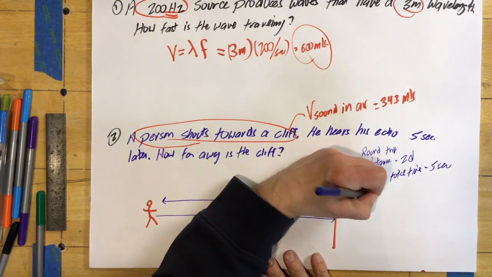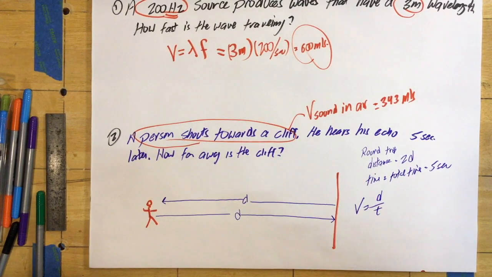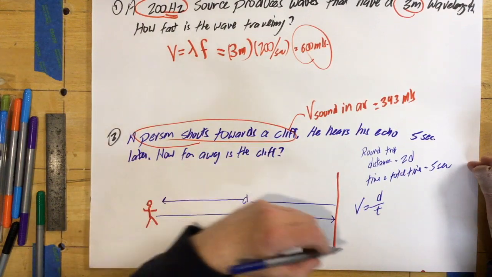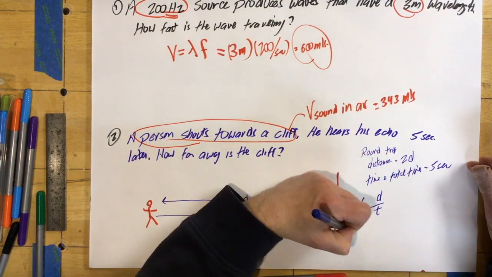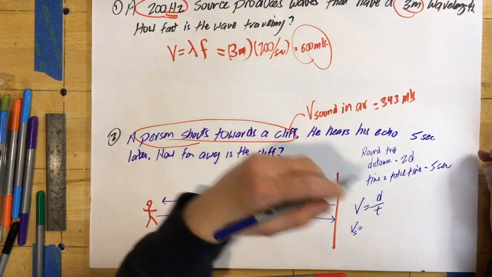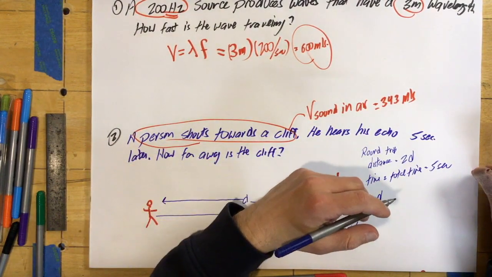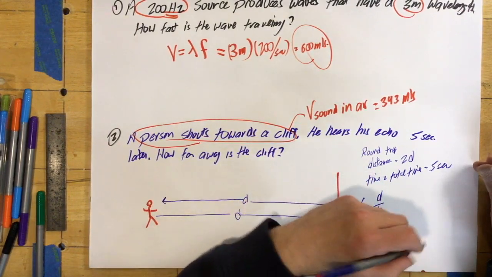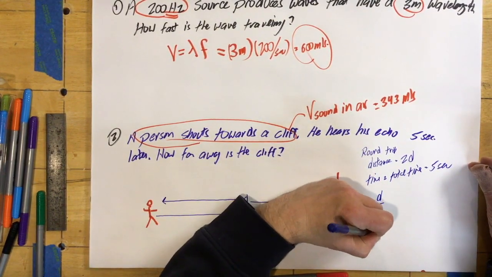So if we use the basic constant velocity equation, velocity is distance over time, we're going to solve for how far away the cliff is. So keep this in mind. We have everything in terms of the total distance and total time. What's actually happening in this equation is we have the velocity of the sound, the total distance the echo travels is 2 times the distance to the cliff, and the total time is 5 seconds.